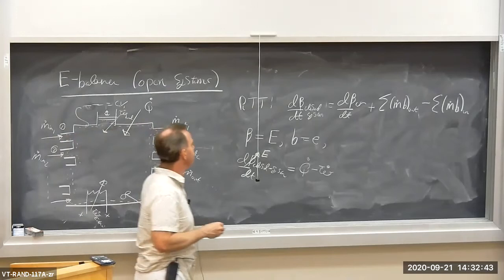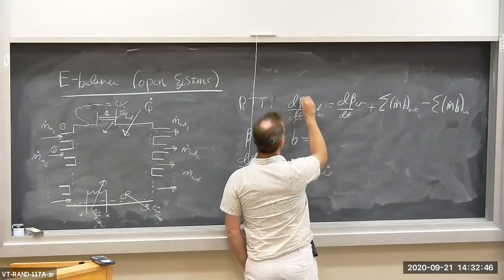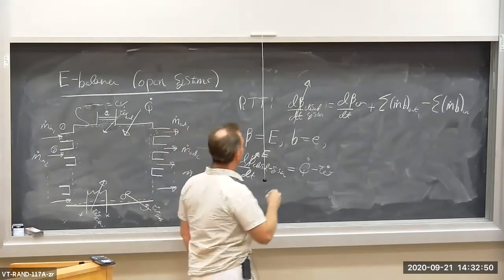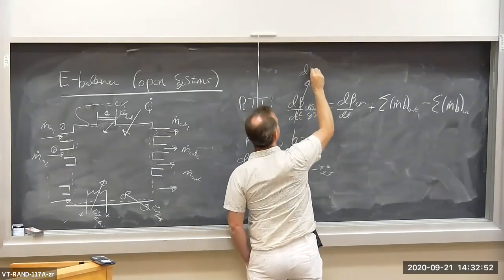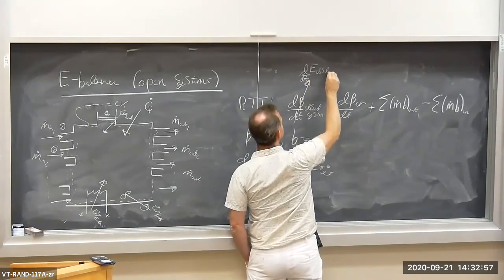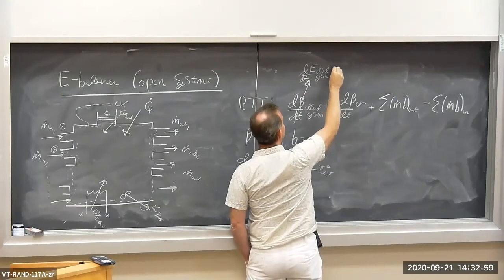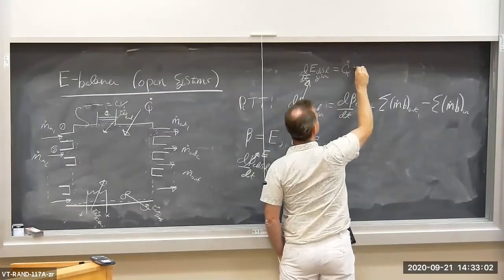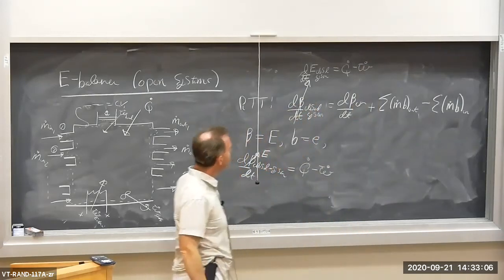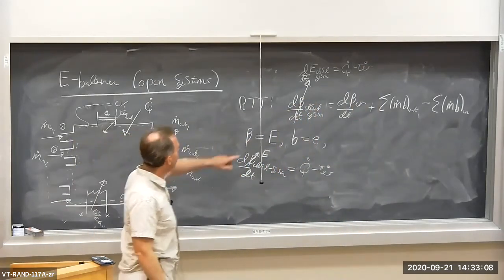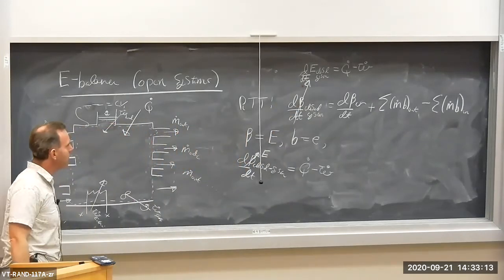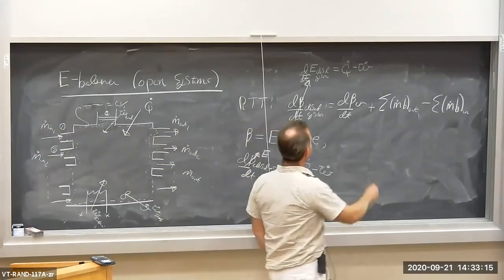Okay, so let's plug in. The change of beta within my closed system is really the time rate of change of total energy within my closed system. And that's equal to Q dot minus W dot. So that's my closed system energy balance right up here. Beta is energy.